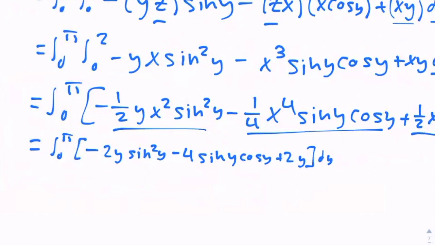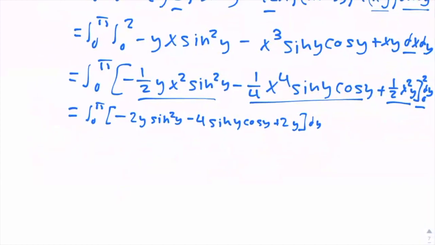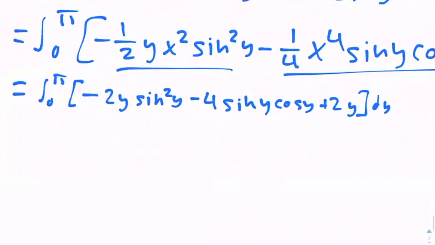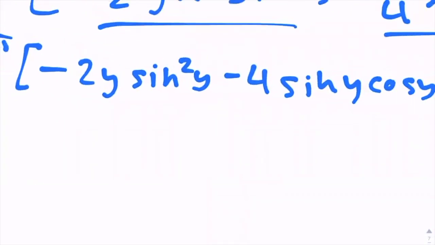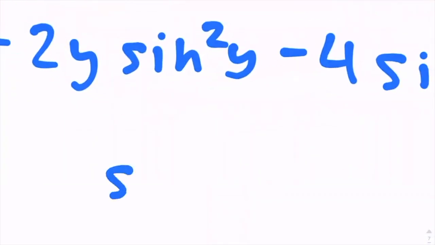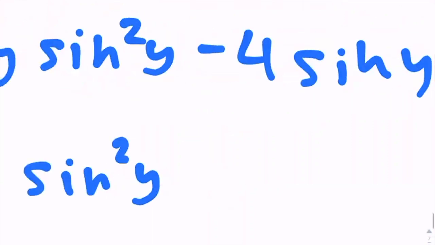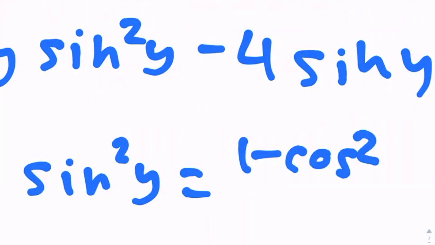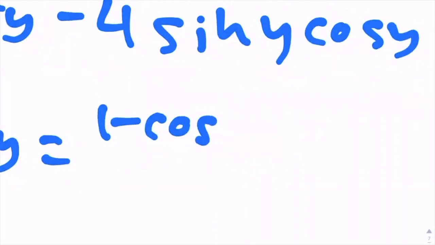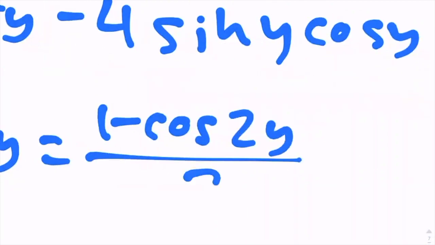So now we have to integrate with respect to y. In order to do this integration, we're going to need a very important piece of information, which in this case is that sine squared y is equal to 1 minus cosine of 2y divided by 2.